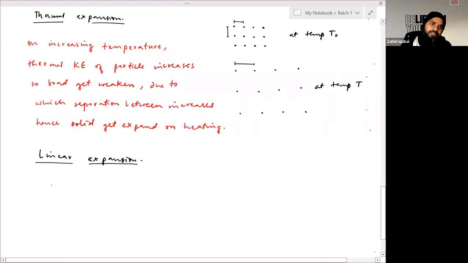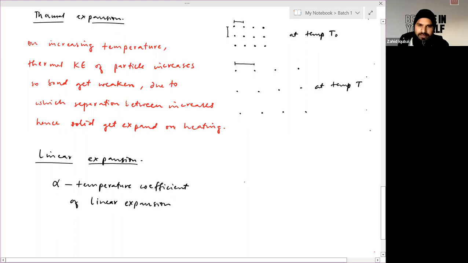To define this particular linear expansion, we define a term that is alpha, which is called temperature coefficient of linear expansion. Suppose you have a rod of length L0 at some initial temperature T0.